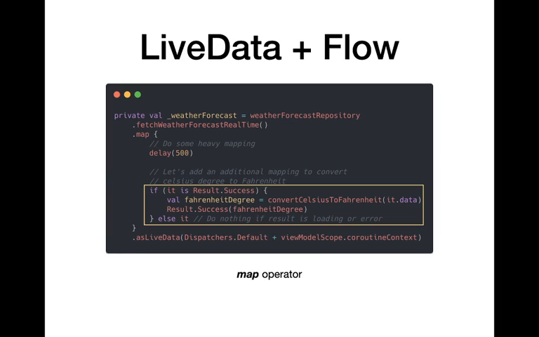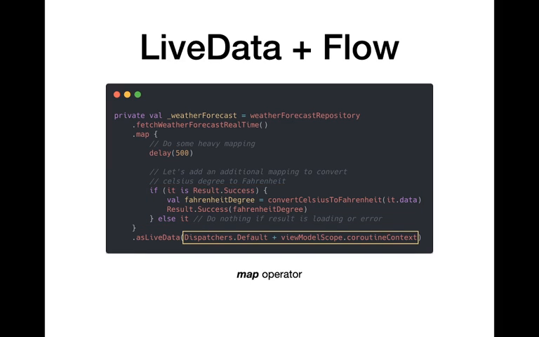But the cool thing here is in every flow operator, you can call suspend functions, which makes it asynchronous. You can do some asynchronous work inside the flow operator. As you can see, I just put a delay function here, which is a suspend function. So yeah, you can do anything inside here and it will not block the UI unless you use the Dispatchers.Main in the coroutine context.